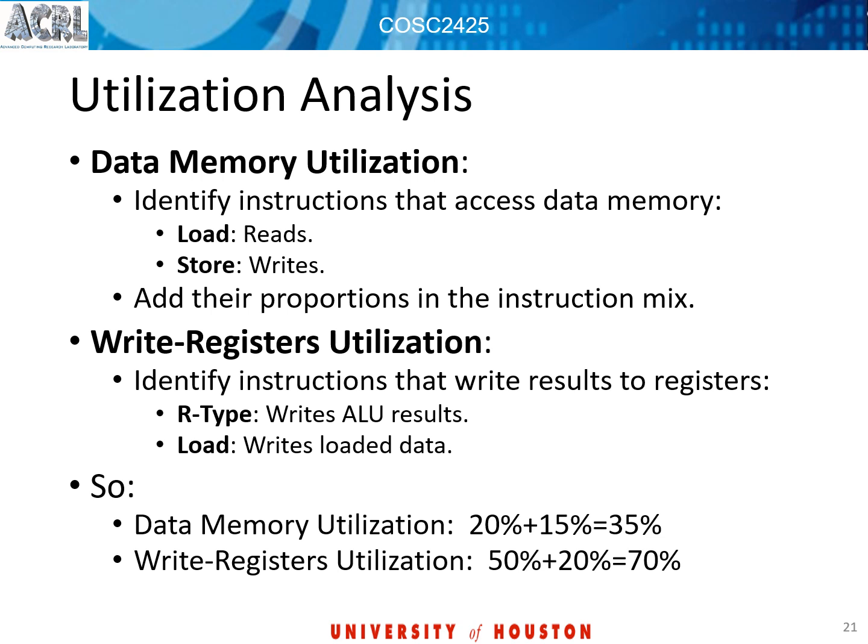For example, the data memory component is used by the load and store instructions, and if I remember, both of them are 35%, which is right here. And for the write registers, it is the R-type and load instructions that use the write back stage. And so here it is 70%.